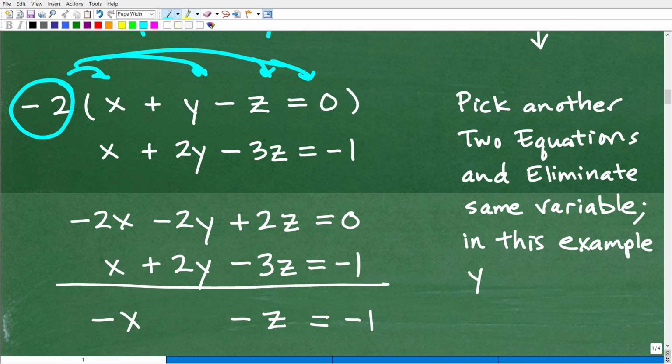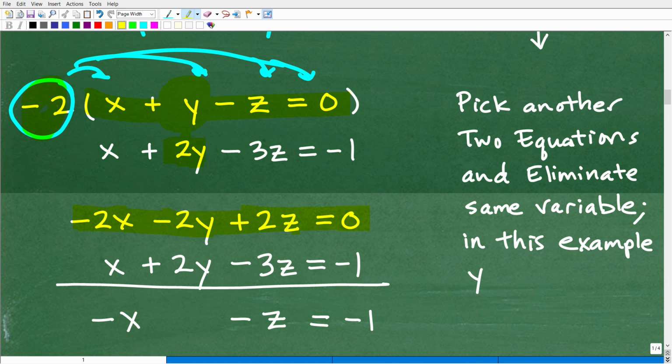You're allowed to multiply the entire equation by whatever you want. I'm going to multiply by -2 because if I can get a -2y right here, when I add a -2y with a +2y, those y's are going to go away. But before I can do that, I have to multiply -2 by that first equation. So that gives me -2x, -2y. This is a -z, so this can be +2z, and -2 times 0 is 0.